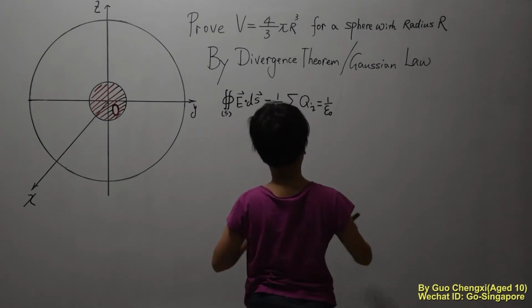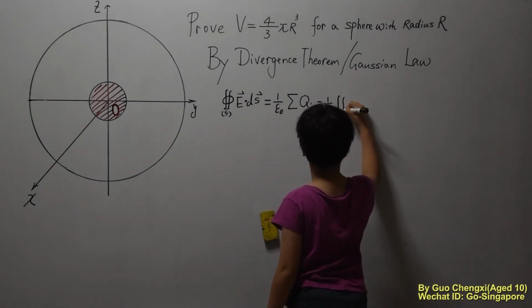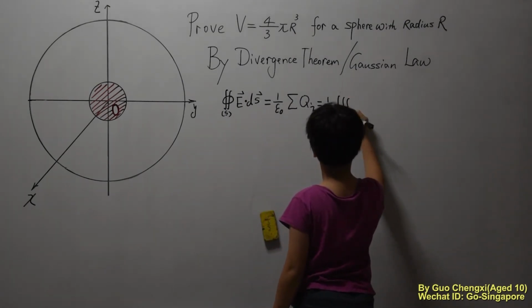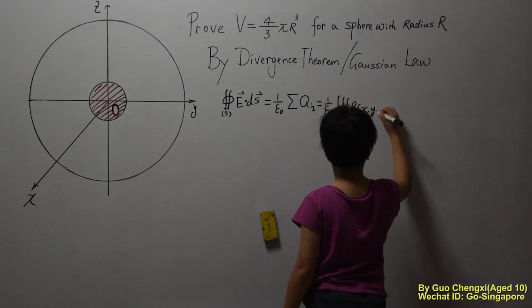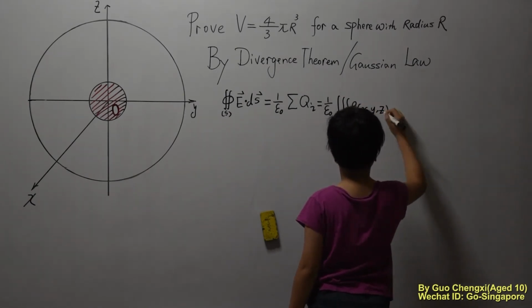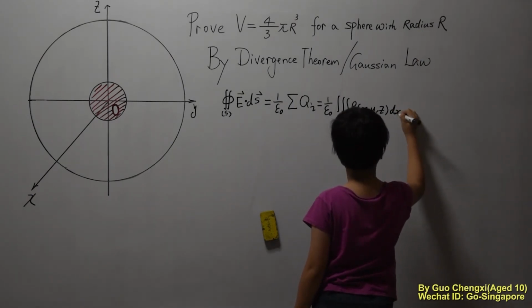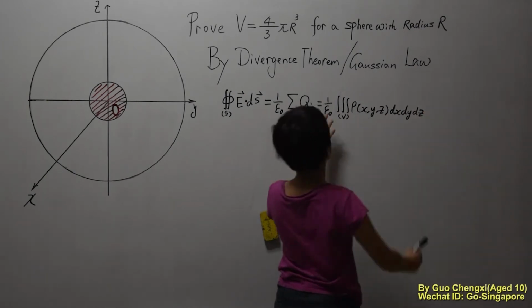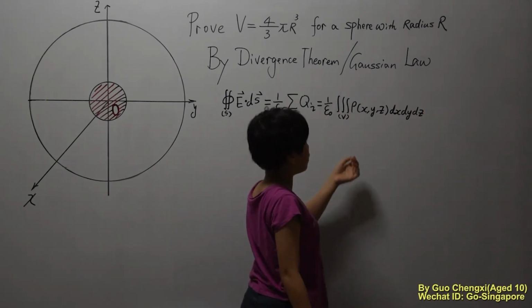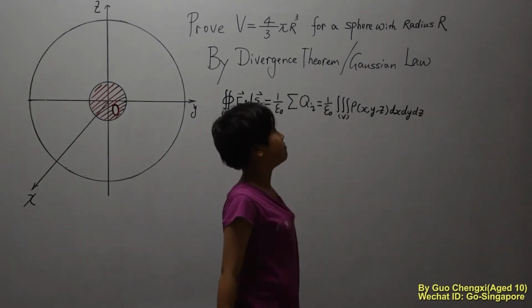Yeah, after that over here, once again 1 over epsilon naught, triple integration, volume, rho of x, y, z, then dx, dy, dz. Okay, so this epsilon naught we don't need to explain anymore. But wait, what is the rho?